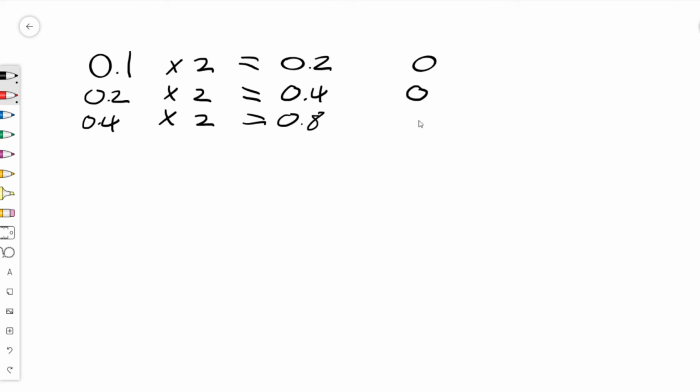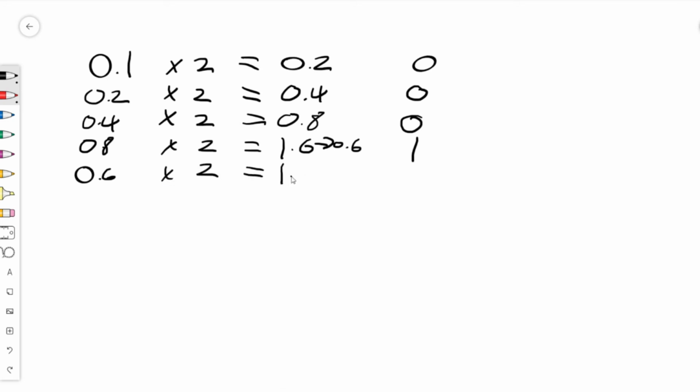We're going to take this 0, and multiply 0.8 times 2. This gives us 1.6. We're going to take this 1, subtract it from the value to get 0.6, and now multiply 0.6 by 2. That gives us 1.2. We're going to take this 1, subtracting it from the value to give us 0.2.